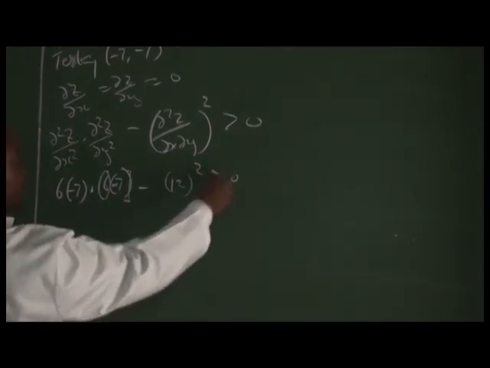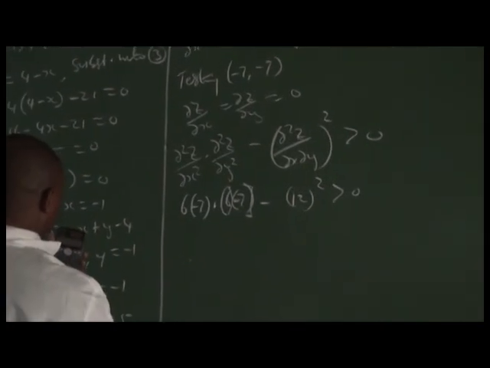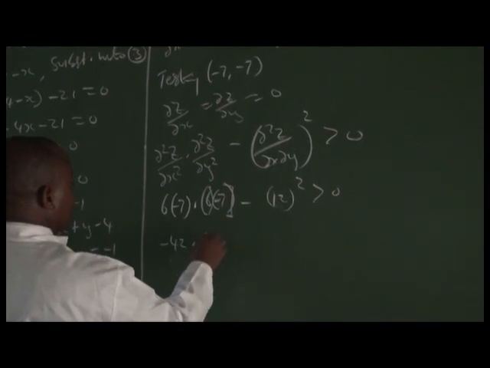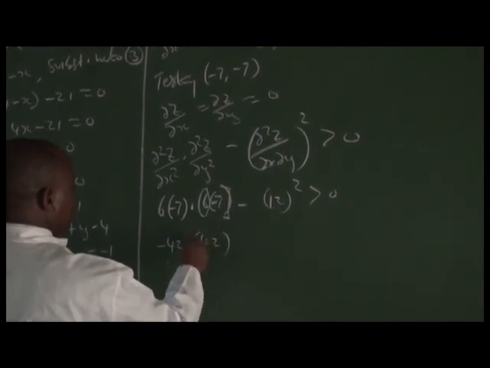We want to see whether it's greater than 0. 6 times minus 7 gives us minus 42, and this is also minus 42.